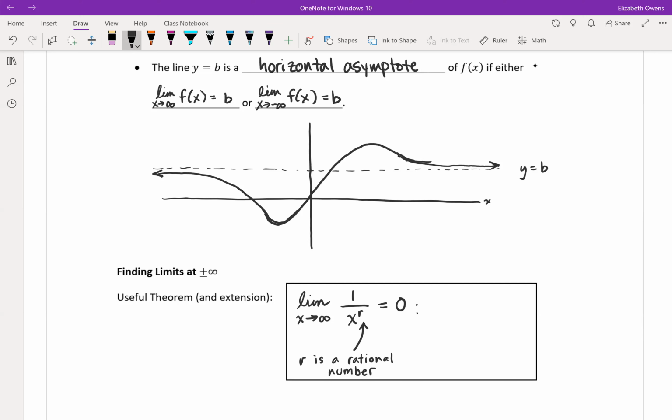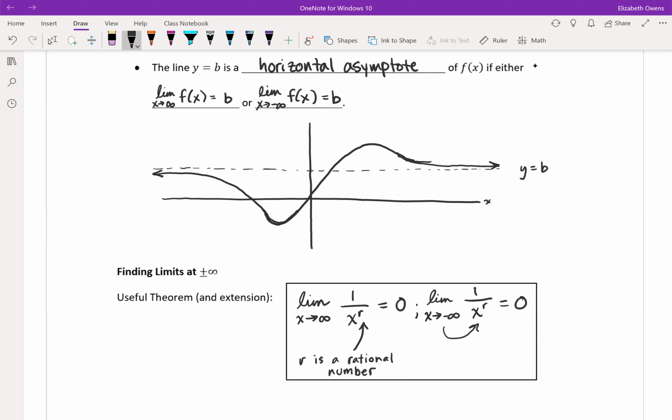Now the same thing is going to happen in the negative direction. The limit as x approaches negative infinity of 1 over x to the r power also equals 0 because, again, you're going to be getting a huge denominator here. 1 over that massive number is going to be so small as x gets close to negative infinity.